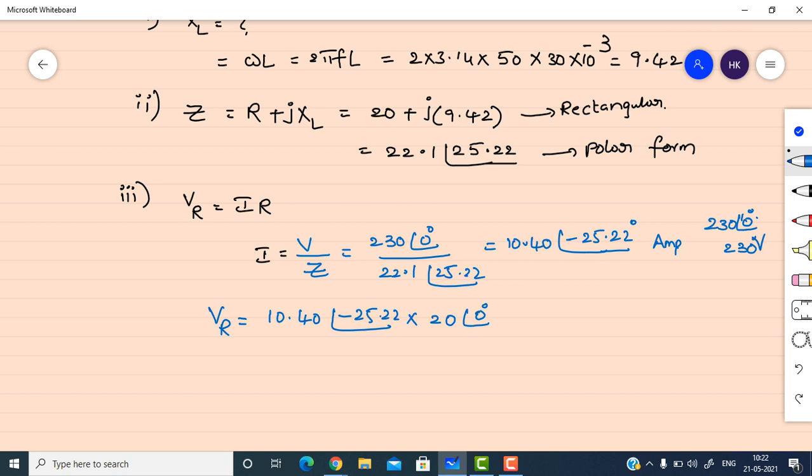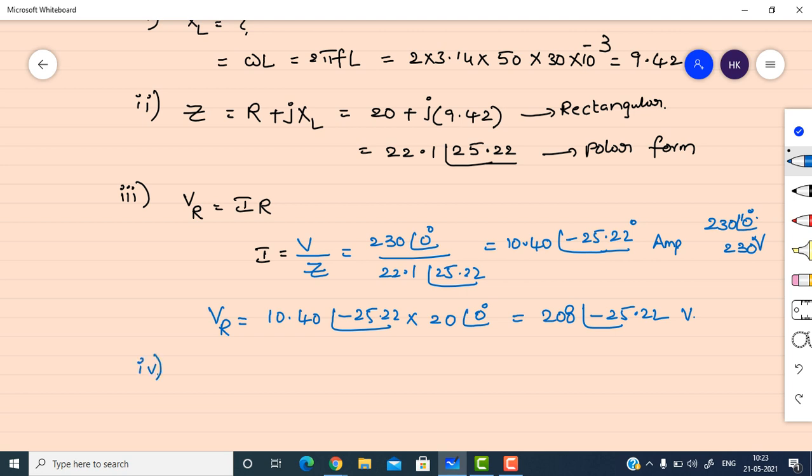So these two are in polar form, and we can perform the multiplication. Multiply 10.40 into 20, 208, at an angle minus 25.22 plus 0, so it is minus 25.22. This is the voltage.